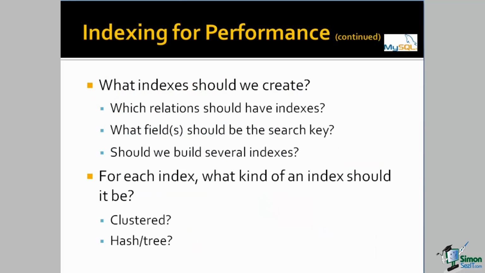So the big question for a DBA in trying to optimize the performance of the database is, what indexes should I create? Why don't I just create indexes on all of the columns? Or why don't I just create very large indexes across multiple columns and let the query optimizer figure it out?